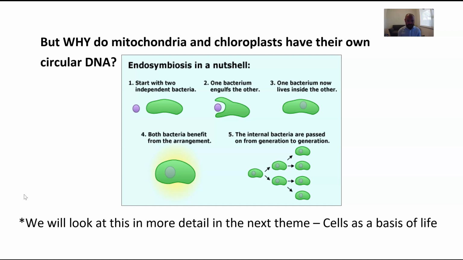And so then they replicated and carried on to form early eukaryotes that had the first organelles, mitochondria and chloroplasts.